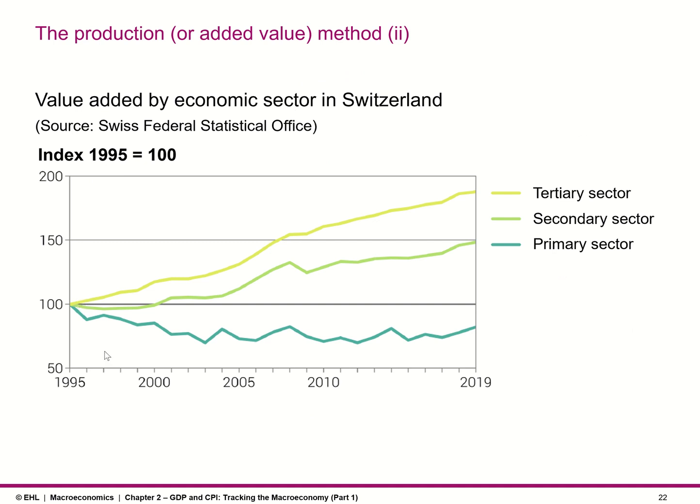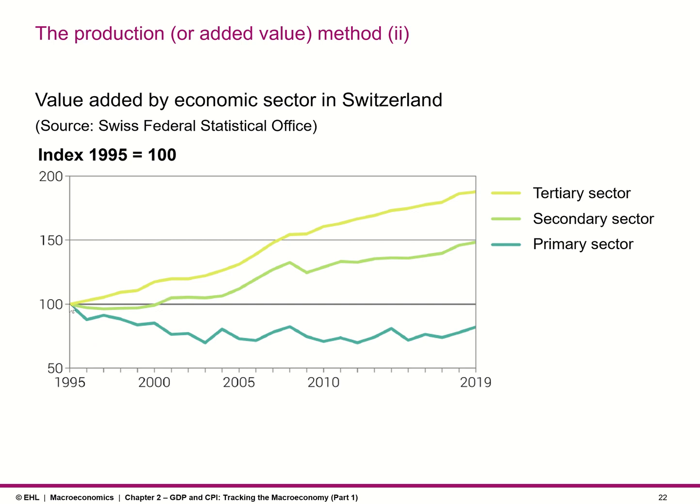Let's have a look at the real world. In the case of Switzerland, if we divide the economy into three sectors, the primary sector deals with raw materials, extracting raw materials or agricultural production. The secondary sector works with these raw materials, producing goods from them, and the tertiary sector produces services.